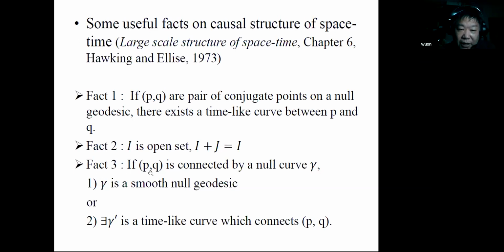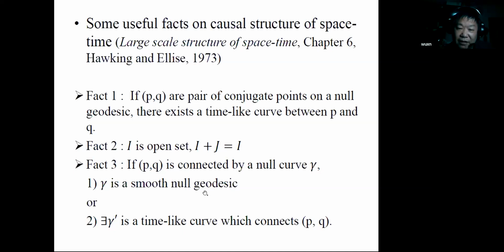And fact 3 is that P and Q are two points connected by a null curve gamma, and then only two cases are possible. One is that gamma is a smooth null geodesic. The other possibility is that there will exist another curve that is time-like which connects P and Q. It means that for two points, if they are connected by a smooth null geodesic, that's okay.